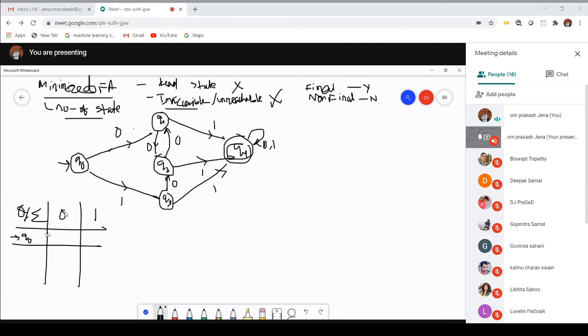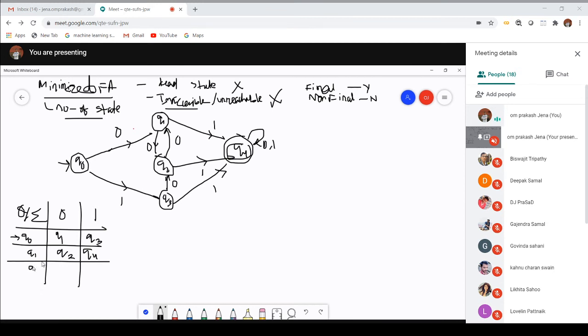On Q0, if I pass 0, it will move to Q1. On 1, it will move to Q3. Similarly, on Q1, if I pass 0, it will move to Q2. On 1, it will move to Q4.